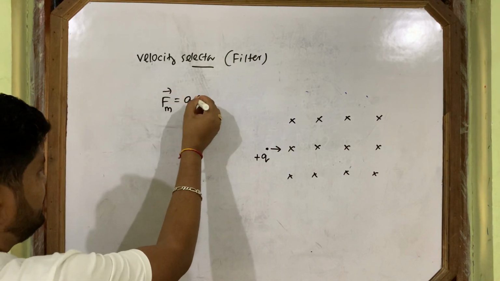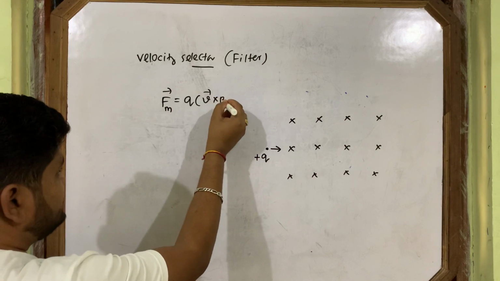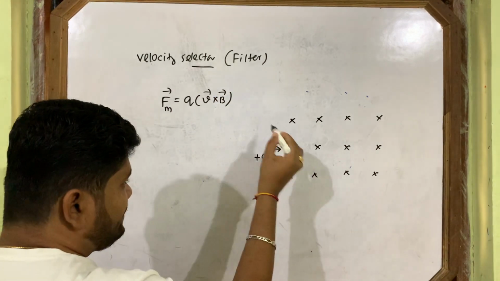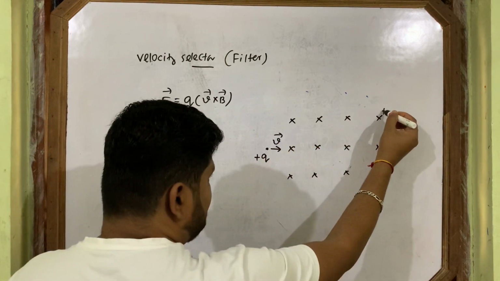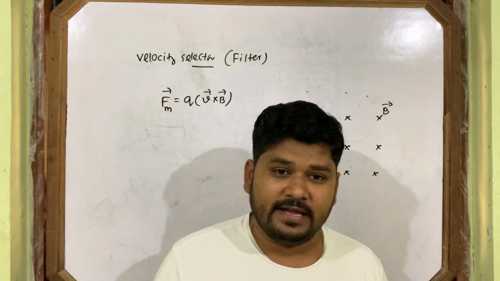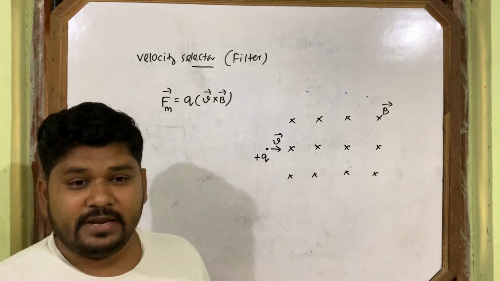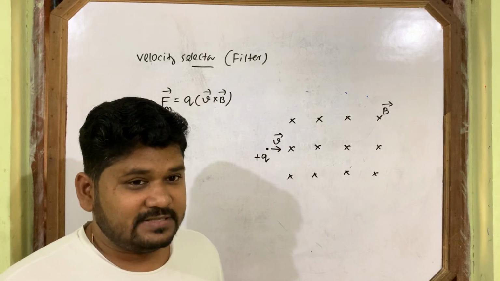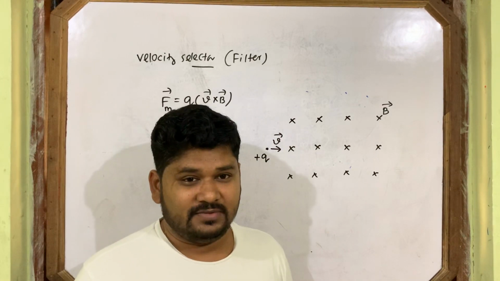How much force will the magnetic field apply? Fm is equal to Q times V cross B, where V is the velocity of the charged particle and B vector is the magnetic field strength of the uniform magnetic field. What is the direction of this force? We can determine it by Fleming's left hand rule.